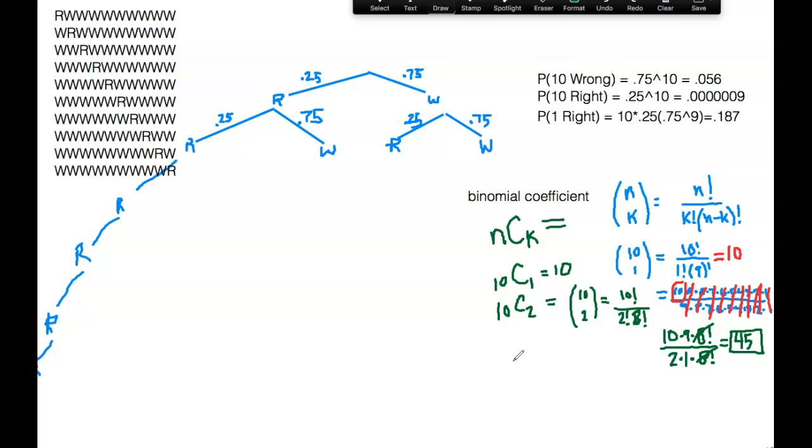We could do it on our calculator. So thank you for our TI calculator. We're going to go to Math. Go to PRB or PROB for probability.